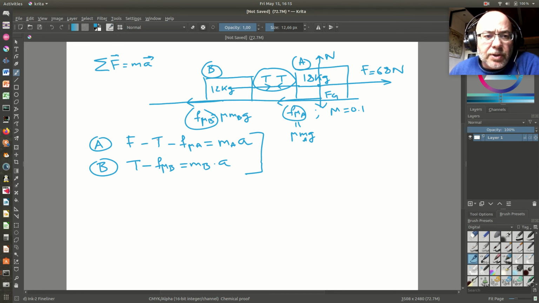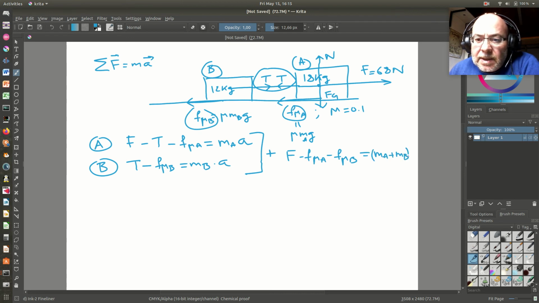We add the two equations, the force T and T cancel, minus force of friction A minus force of friction B equals mass A plus mass B times acceleration, which is 68 newtons minus 0.1, the friction coefficient, times 9.8, the gravitational acceleration, times mass A plus mass B, which we know.